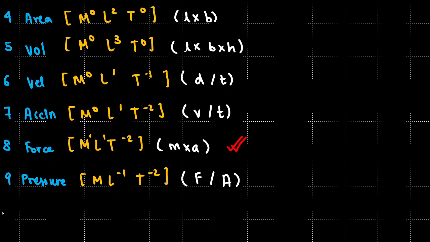The next one, the 10th one we are going to talk about, is work. The dimension of work is ML^2T^-2, because the most common formula of work that you will find is F into D, which is force times distance.